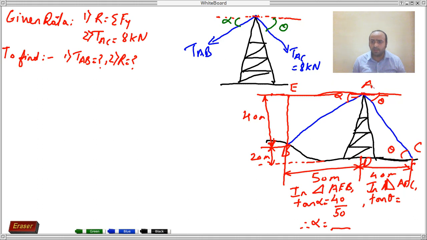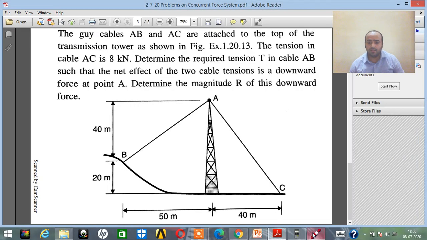Even this is going to be theta because these are alternate angles, as you can check over here. So tan theta is equal to opposite, which is 60, divided by adjacent, which is 40. Therefore theta will be tan inverse of 60 by 40. Now let us do the calculations for both of these and we'll get the values.